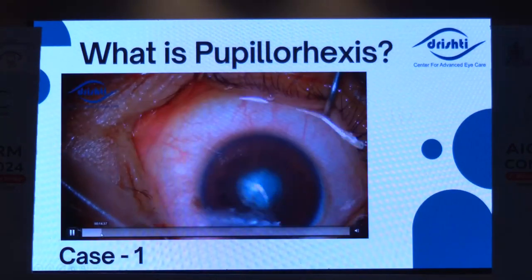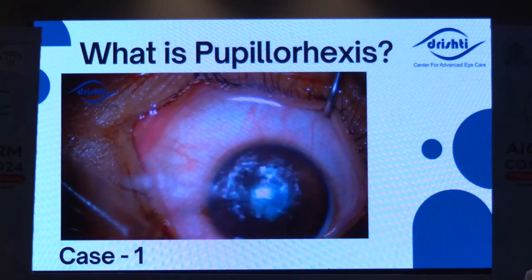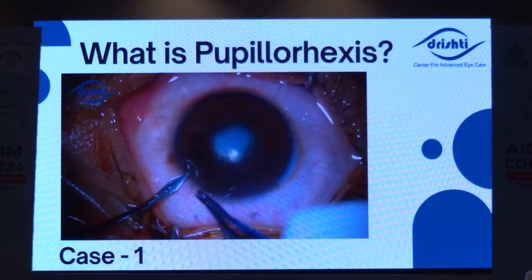I'll just move forward. So this is a uveitic cataract, and you can see the synechiae all around 360 degrees, and there is a membrane.